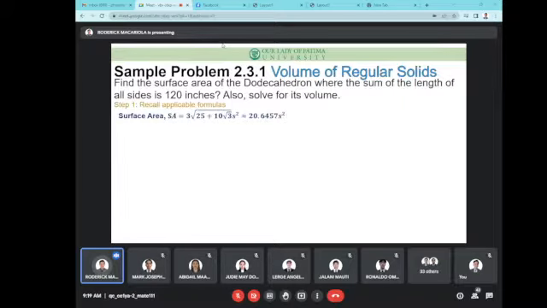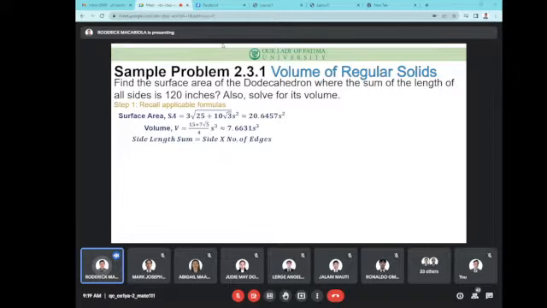Tapos pinapahanap niya sa atin yung volume. Like recall applicable formula. So surface area, yan. We also have the volume. And then the sum of the side lengths, kapag pinag-combine mo yan, that is just actually the product of the side measurement multiplied by the number of edges.